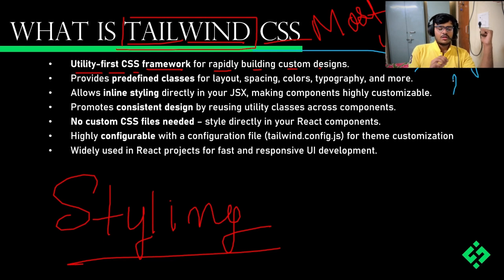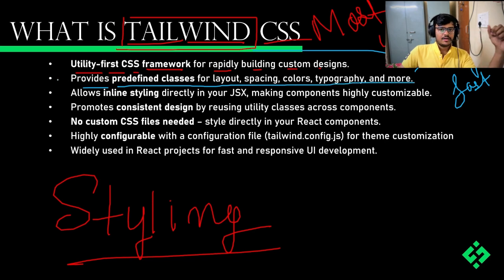But Tailwind is very fast. It provides you with predefined classes for layout, spacing, color, and every styling thing. And it allows inline styling directly in your JSX, making components highly customizable.